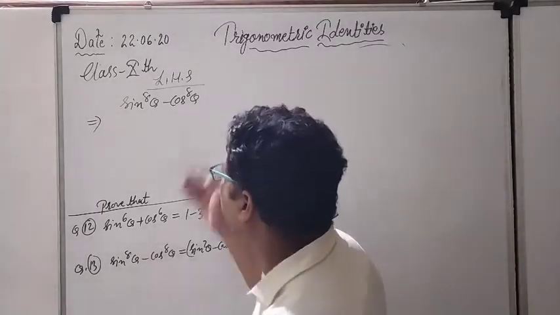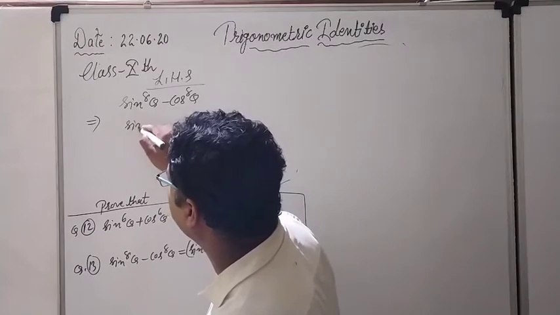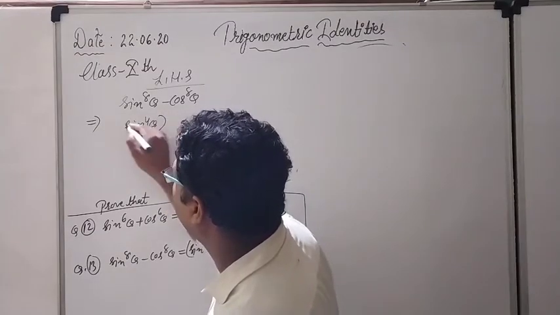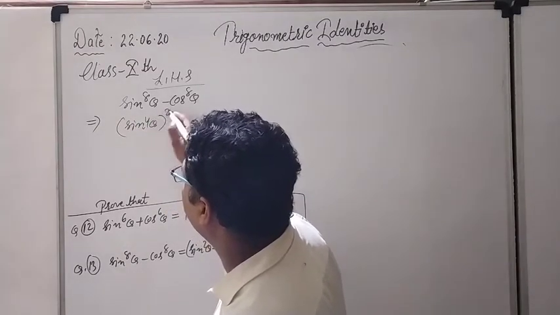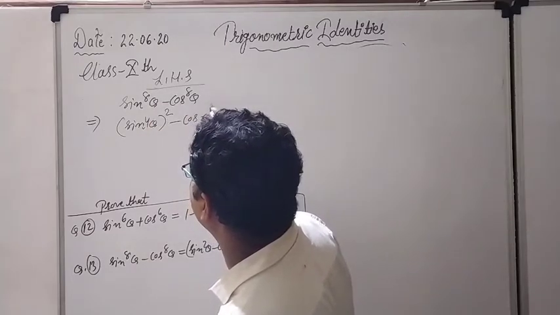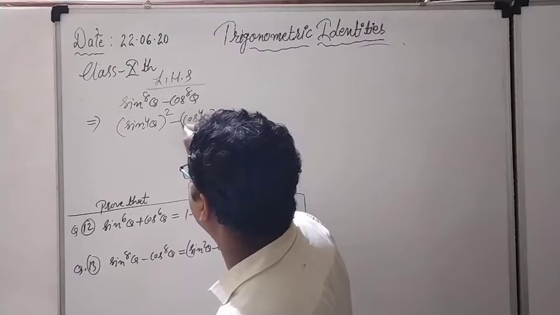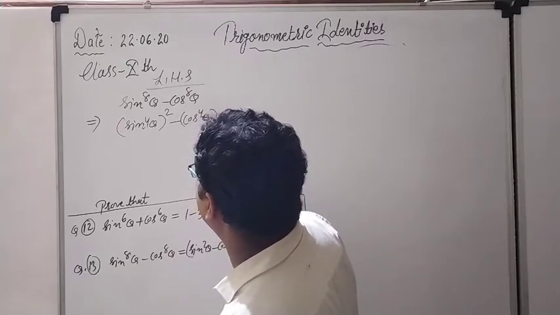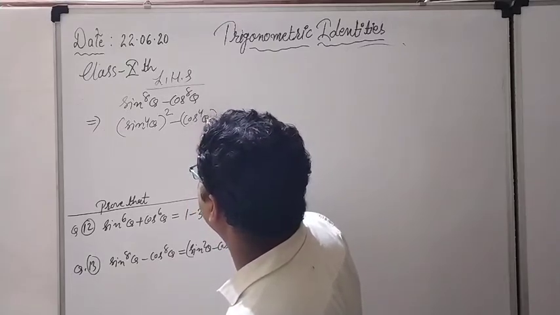See here how. It can be written as (sin 4 theta) square, because 4 twos are 8, minus (cos 4 theta) square.